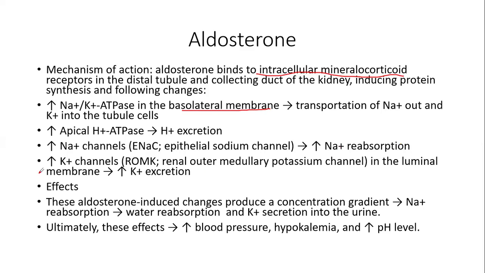And we have ROMK channels, also known as renal outer medullary potassium channels, which is facilitating the potassium excretion. So what are the net effects? Sodium absorption along with water reabsorption and potassium excretion into the urine along with hydrogen excretion. This will increase blood pressure, which will cause hypokalemia, and it will increase the pH levels.